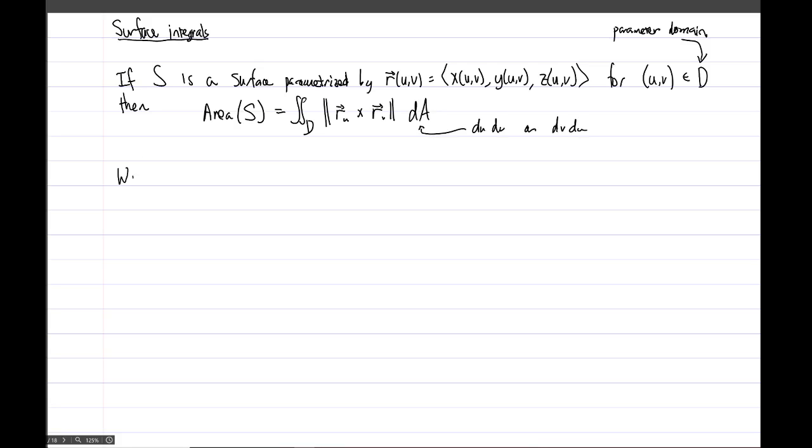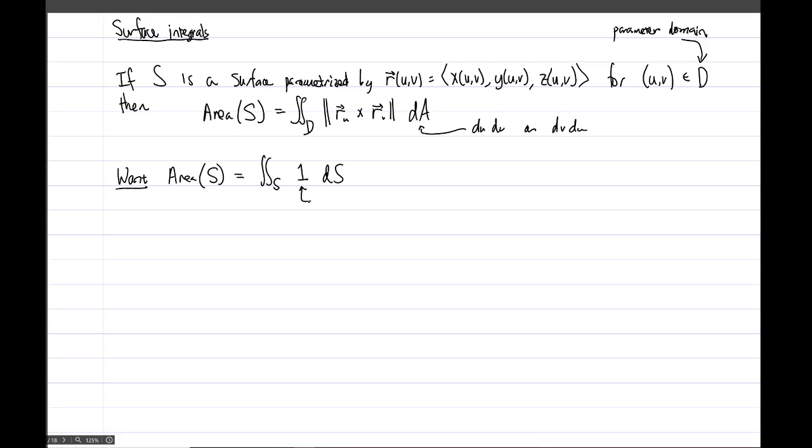And now what we want to do is connect, basically think of computing the area in this way as a warm-up, and we now want the area of a surface to end up as a special case of a more general thing, being the integral over S, the surface itself, instead of D here, of the function 1 dS.